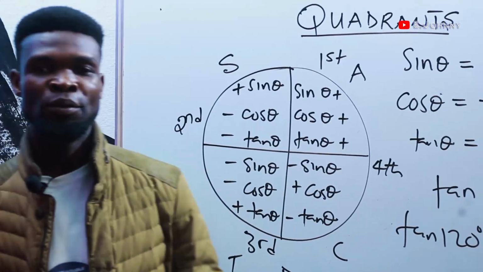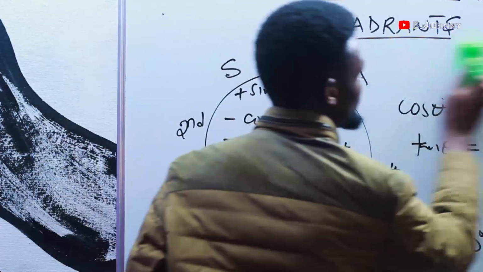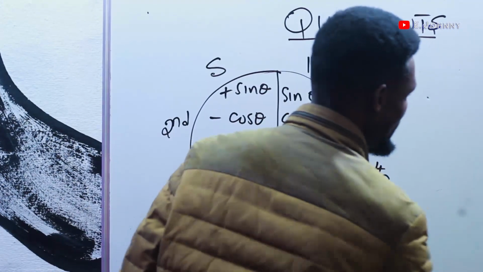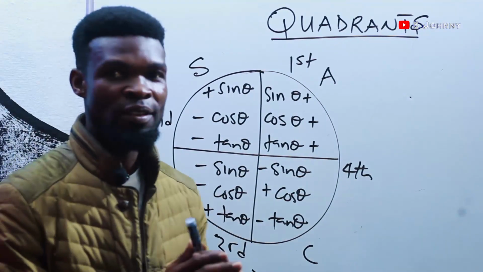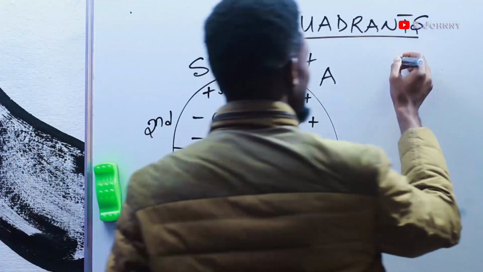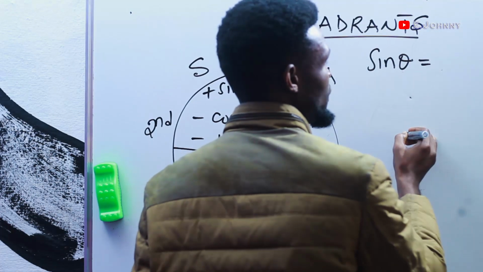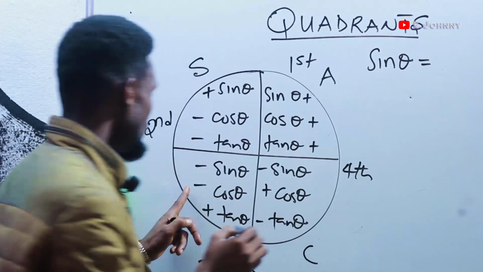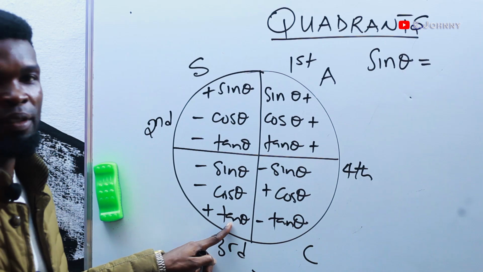Now let's move over to the third quadrant. In the third quadrant, this is the identity you must have at your fingertips. In the third quadrant, sine is negative, cos is negative, only tan is positive.